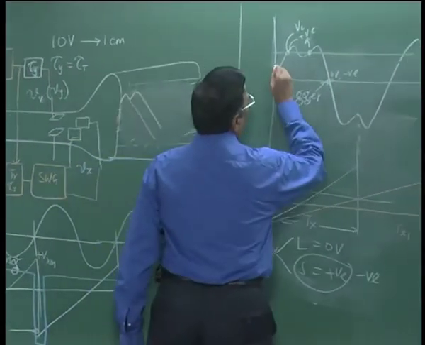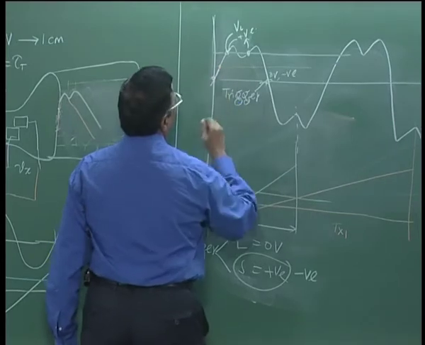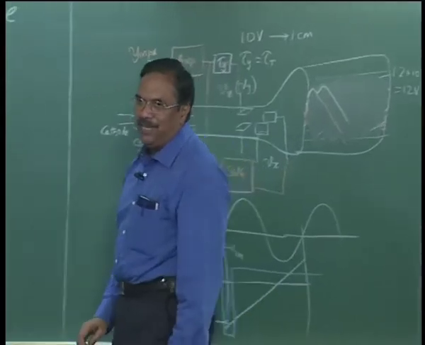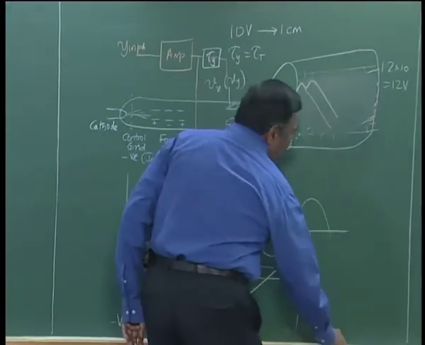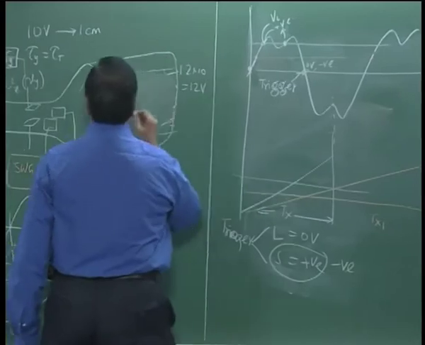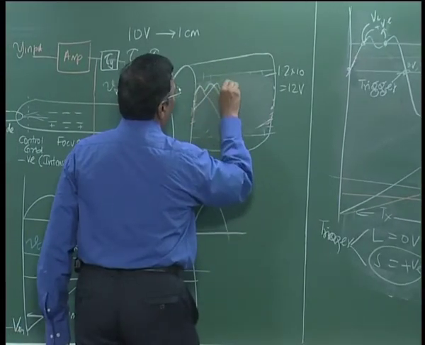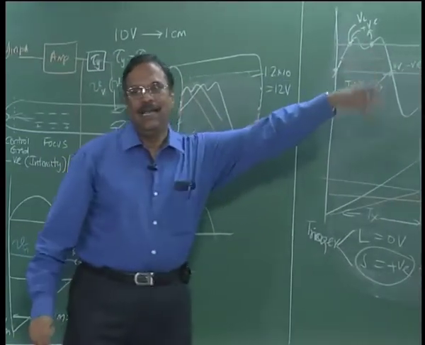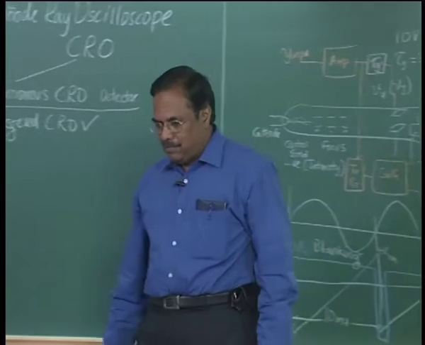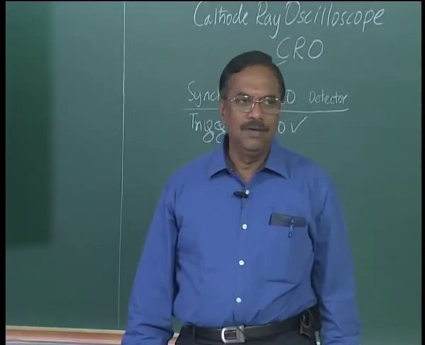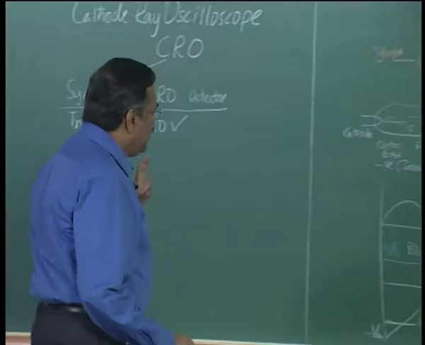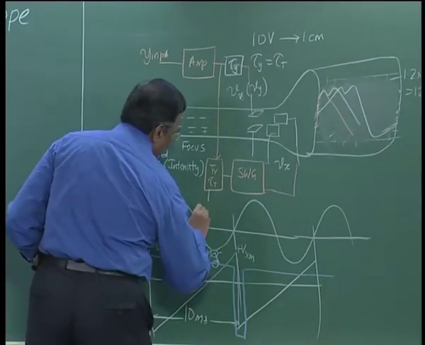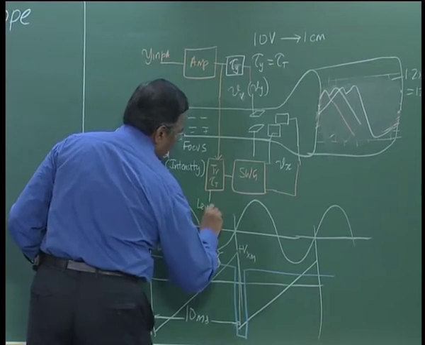So, I reduce the level, then my starting point is very clear, right. If I reduce that level, then I will get a stable waveform on the screen, which would be something like this, right. It starts here and this, right. Okay. Now, if I look at the trigger circuit, I have the level, I can set the slope, okay.